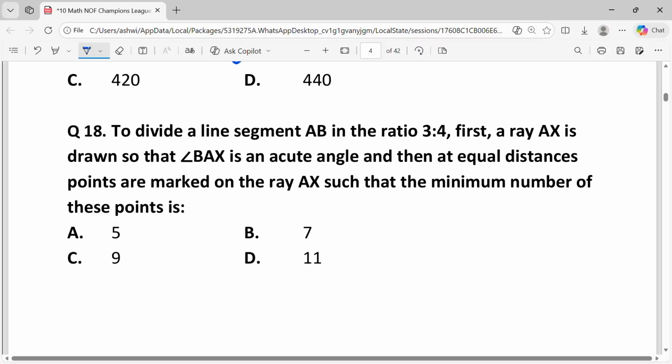To divide a line segment in the ratio m:n, the minimum number of points required to be marked on the ray AX at equal distances is the sum of the two parts of the ratio, that is m plus n. The given ratio is 3:4. So the minimum number of points required is 3 plus 4, which is equal to 7. So the answer is B, 7.